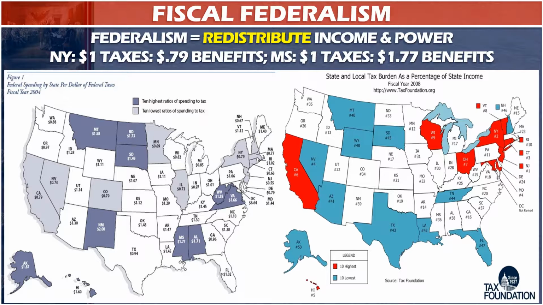Now, the states around Washington, D.C. usually have a very good deal because you have national agencies and the people working in the national government don't just operate in Washington, D.C., which puts $1 to the national government and gets $6.64 back, but also Northern Virginia, where there's a lot of defense and intelligence agencies, and Maryland, where there's a lot of welfare agencies as well.